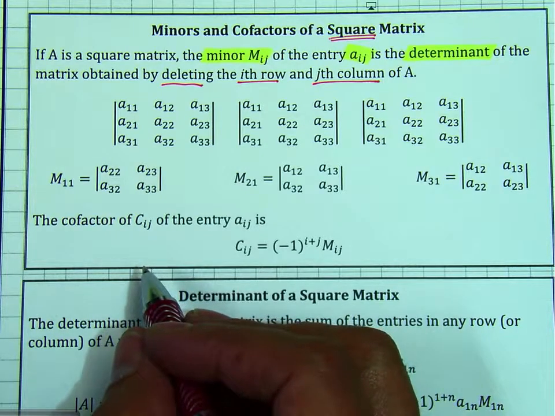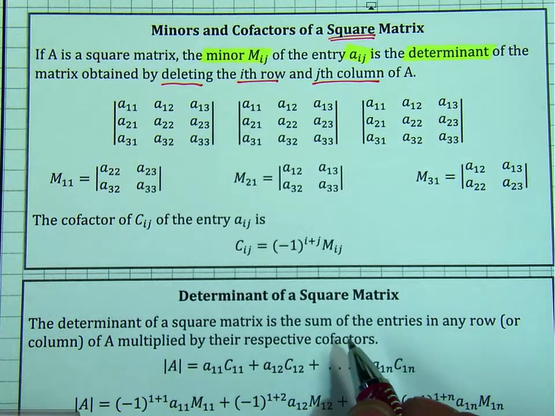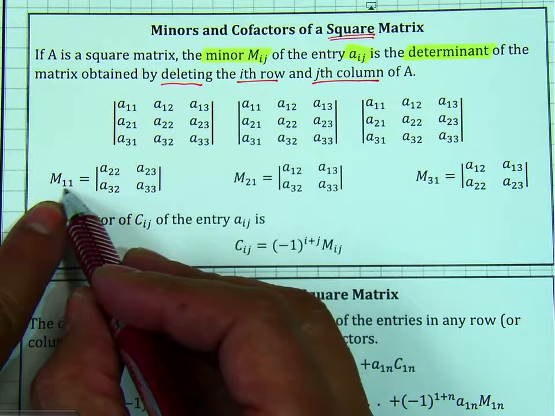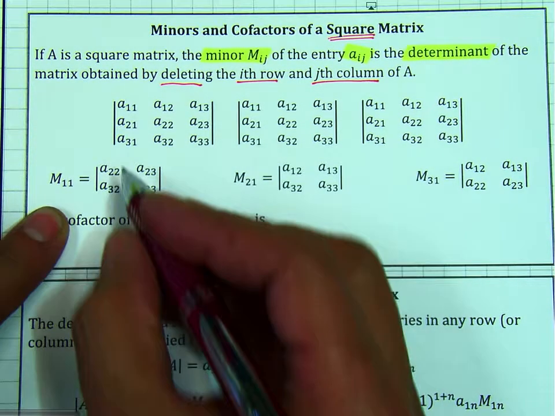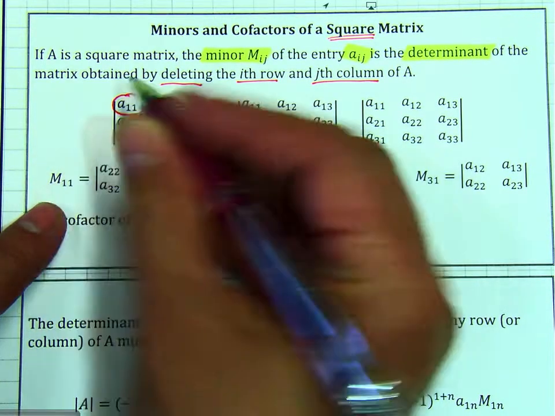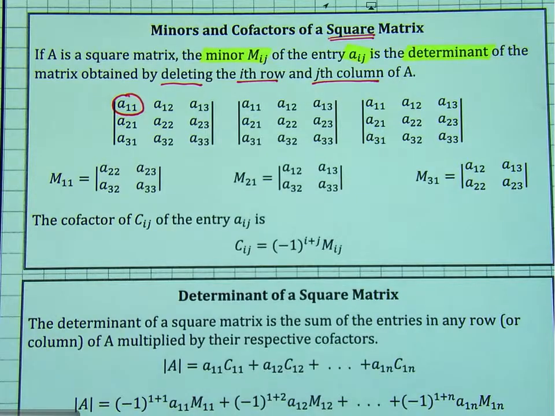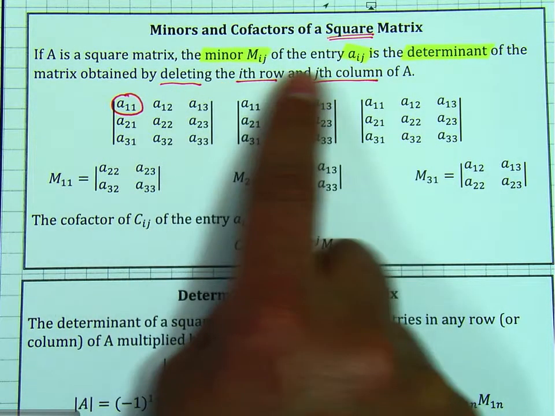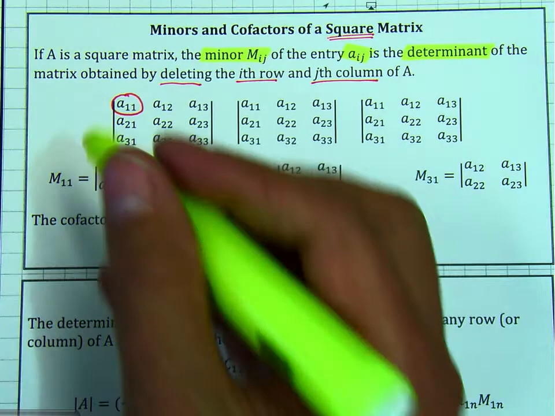Got it? So let's go through the first one. So therefore, if I need to calculate the minor M11, I want you to circle A11, and it says that we are going to delete the row and the column where that is located.